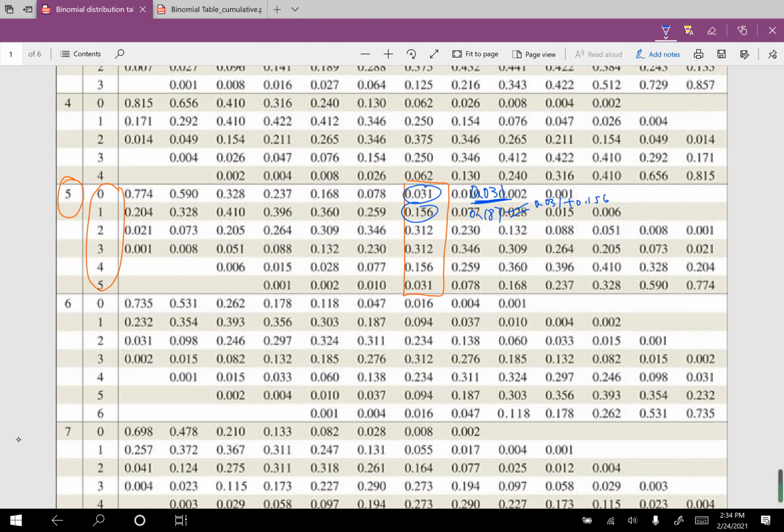And then up to 2, the probabilities altogether equal 0.187 plus 0.312, which is 0.499.